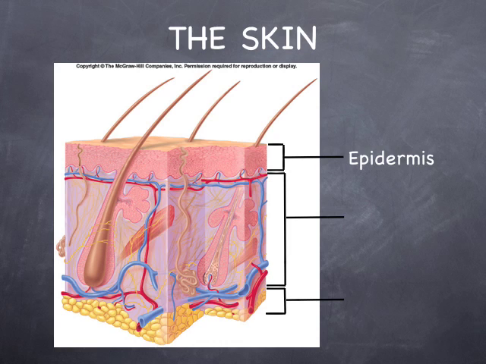The layer just below that is connective tissue, and this is the part we call the dermis. So I have epidermis and dermis. As we go along, we're going to try to highlight certain little bits of words that you're going to see again and again and again. And if you know these little bits, it's going to help you. Like the little term epi.